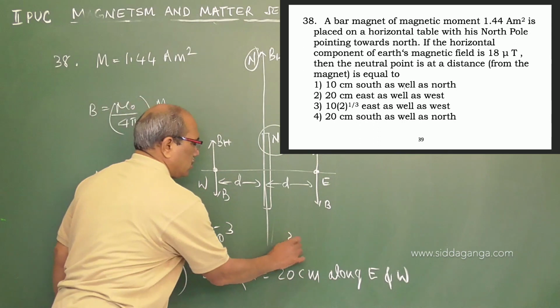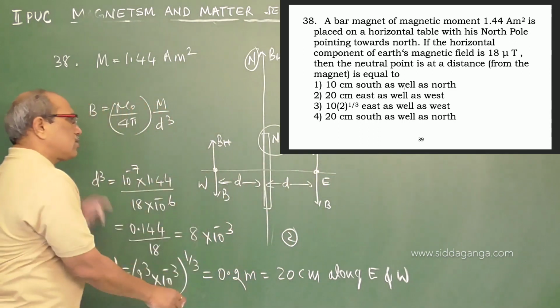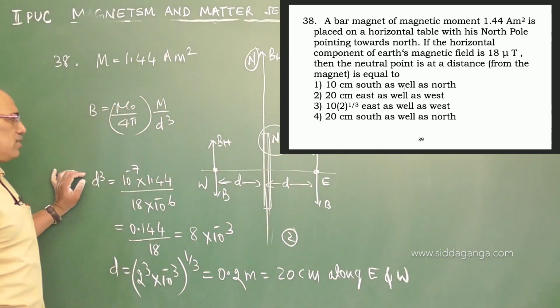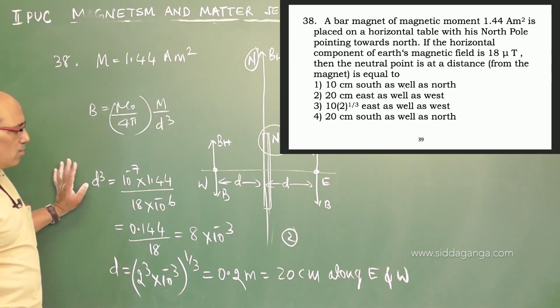Either at east or at west from the magnet, 20 centimeter away, the neutral point exists. Option number 2.